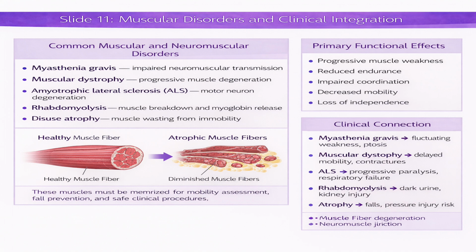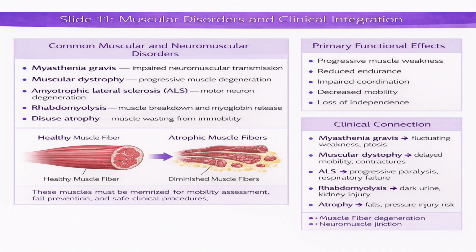Now let's connect these conditions to real patient care. In myasthenia gravis, patients show fluctuating weakness and ptosis that worsens later in the day. In muscular dystrophy, patients develop delayed mobility and joint contractures. In ALS, patients gradually lose voluntary muscle control and respiratory function.